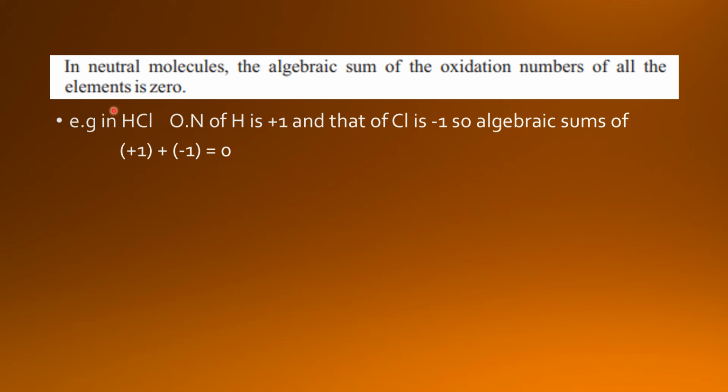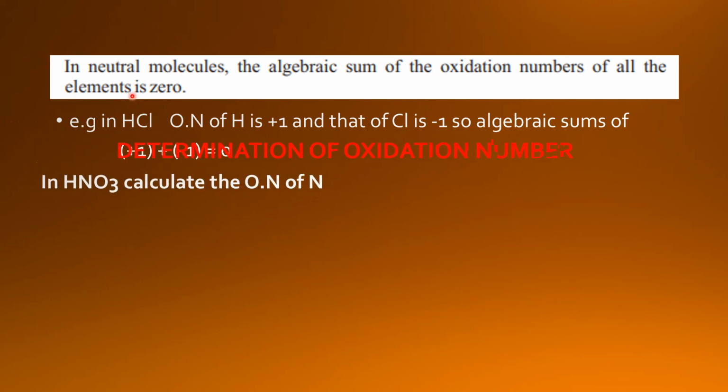So HCl has an algebraic sum of 0. So for neutral molecules, the sum of the oxidation numbers of all the elements will be 0.